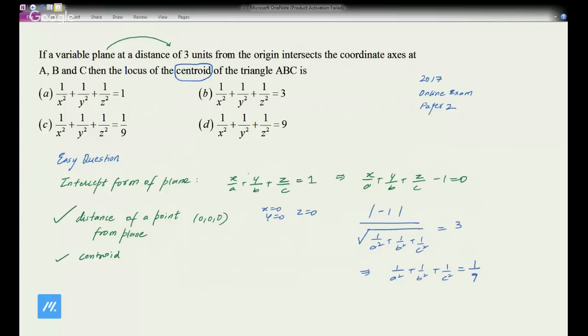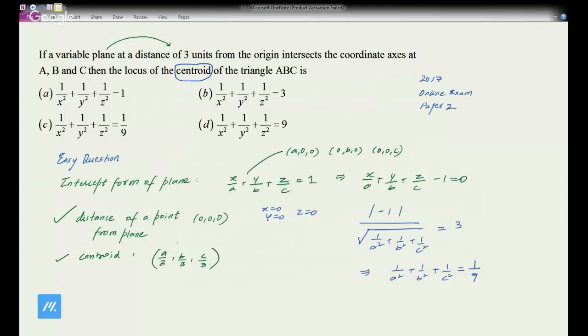If these are the intercepts, they must have intercepted at A, 0, 0; 0, B, 0; and 0, 0, C. We know the intercepts. What is the centroid? A by 3, B by 3, C by 3. This is the centroid.